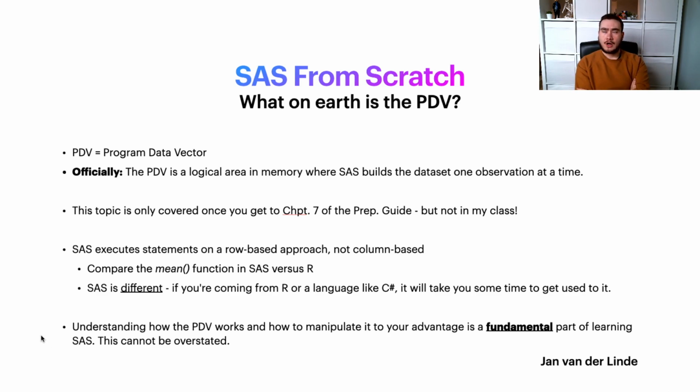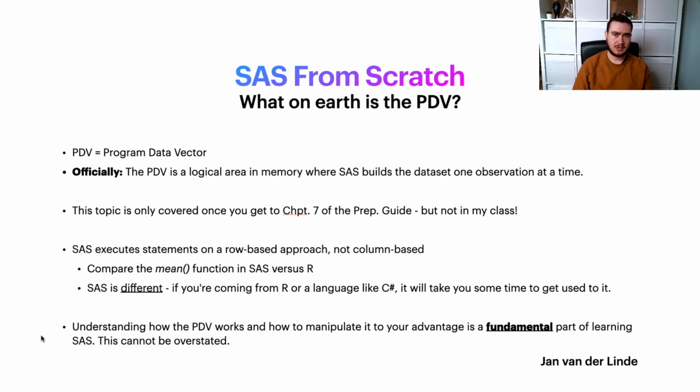We will, throughout the course of this series, start looking at procs as well. So a SAS program consists of data steps and procs. 98% of your SAS program will be data steps or procs. And so if you want to get the mean from a column, that's something that's done with a proc.